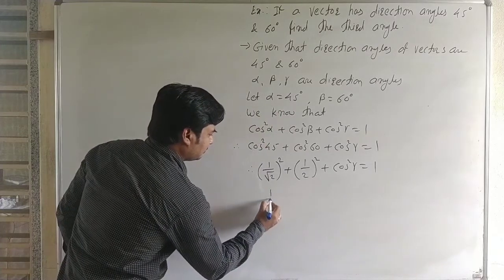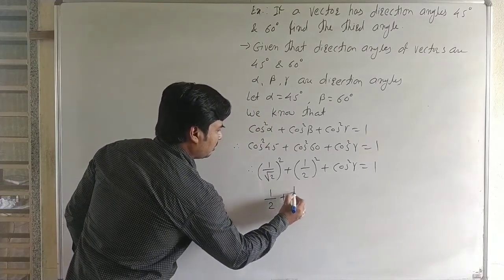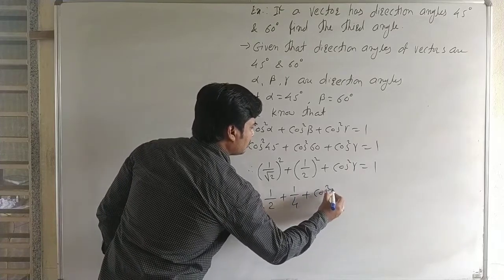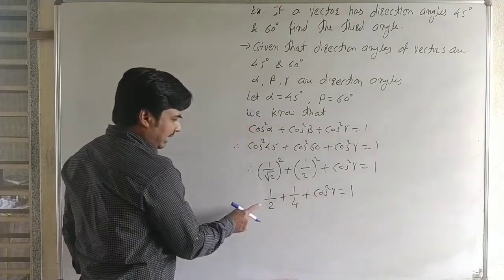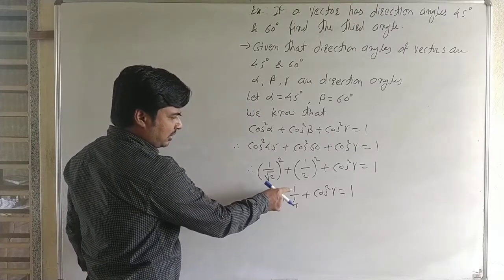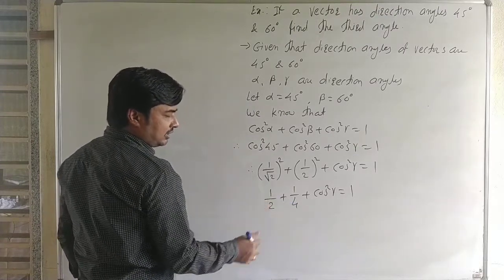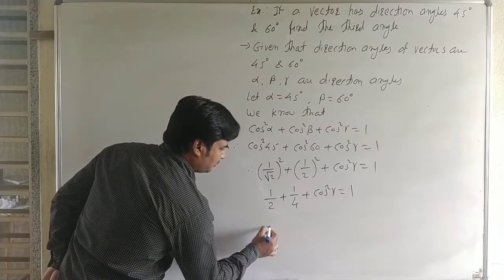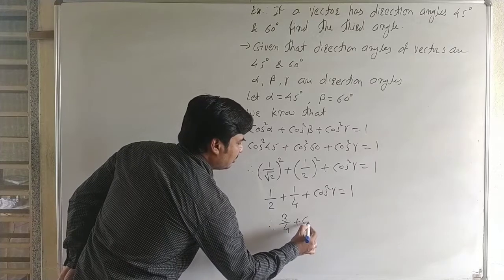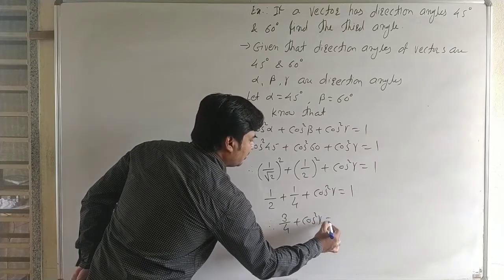Then it is 1 by 2 plus 1 by 4 plus cos square gamma is equal to 1. Adding 1 by 2 plus 1 by 4, it is 2 plus 1 is 3 by 4. Therefore 3 by 4 plus cos square gamma is equal to 1.